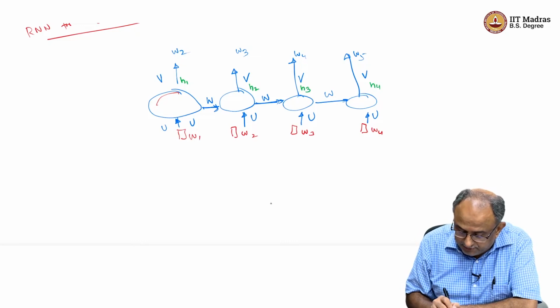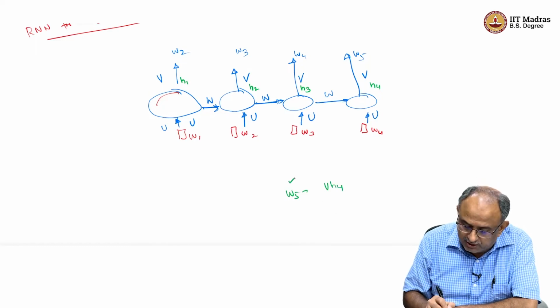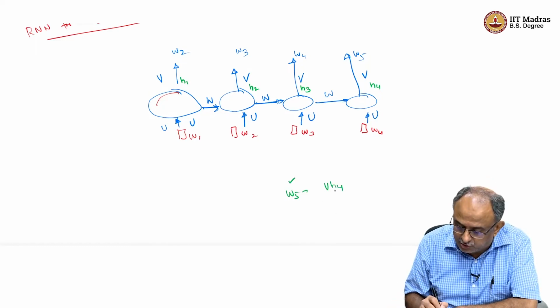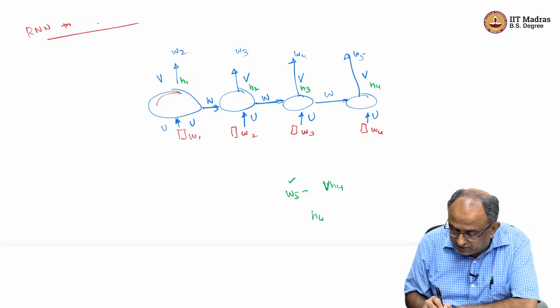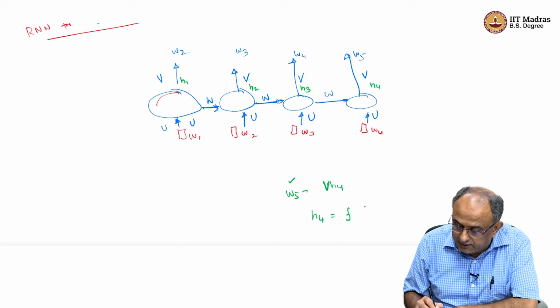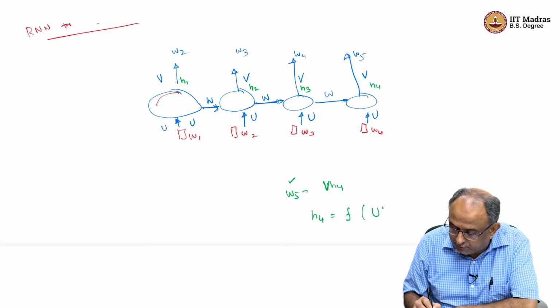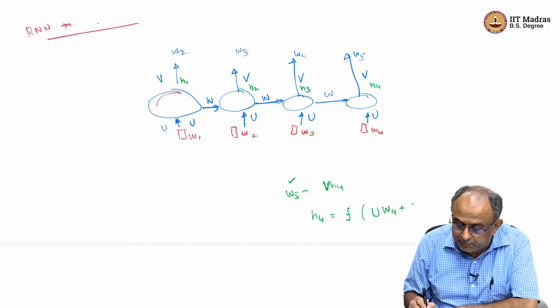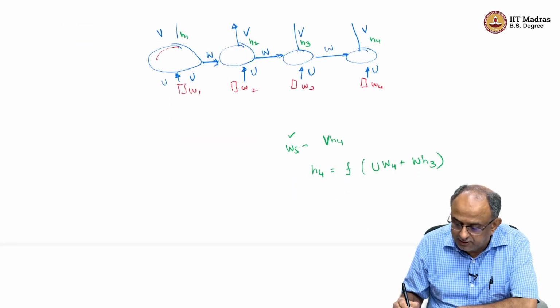So W5 will depend on V times H4. That is what we are doing. The fifth word depends on H4 through the matrix V. But H4 itself depends on F times U times W4 plus W times H3.